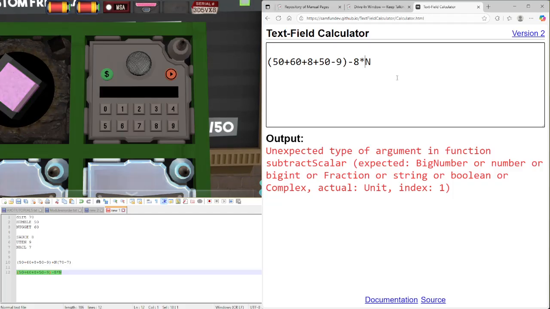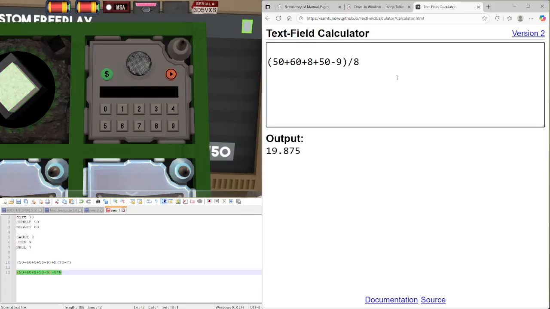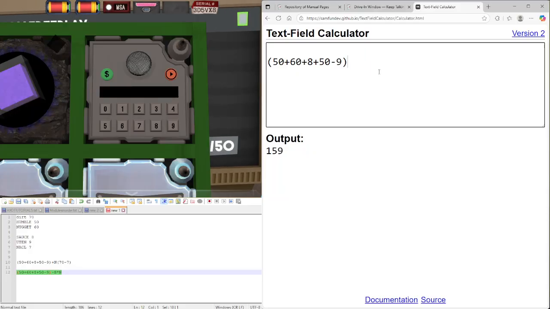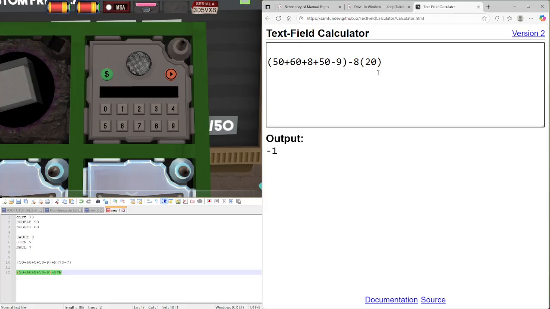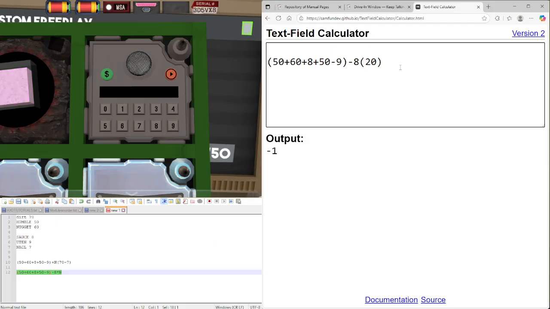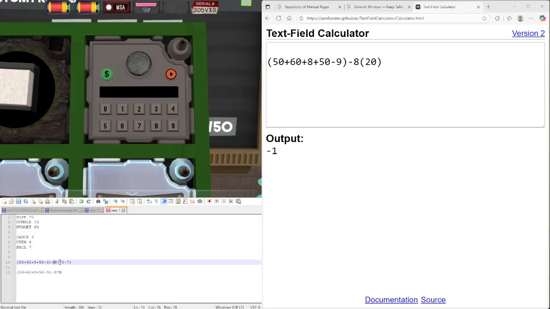Which is basically going to be, so there'll be this and a 20. Yeah. So n is 20.